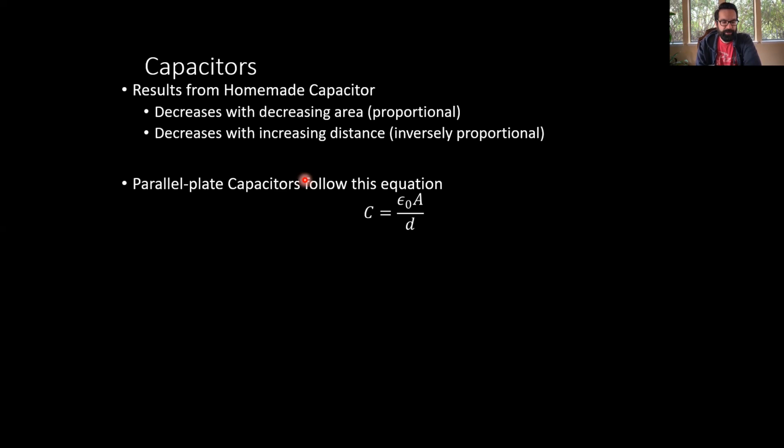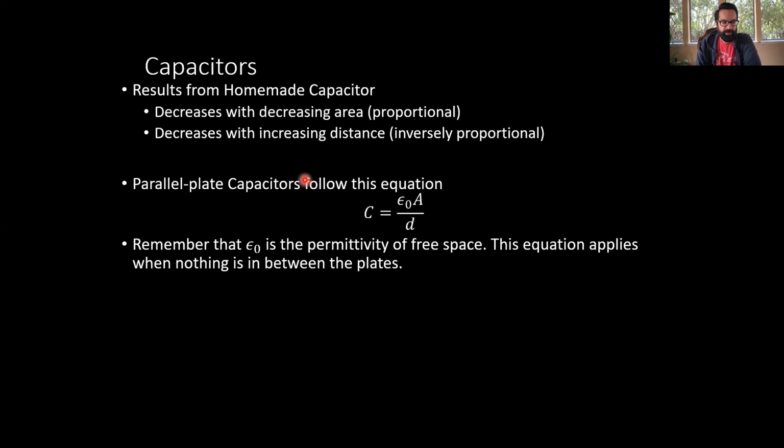Okay, so here's our equation for capacitors. We talked about this equation last time. This equation changes a little bit. Instead of epsilon zero, for a capacitor, once you put it in... so epsilon zero is what I wrote over here, the permittivity of free space. Essentially vacuum. We don't have vacuum anymore.